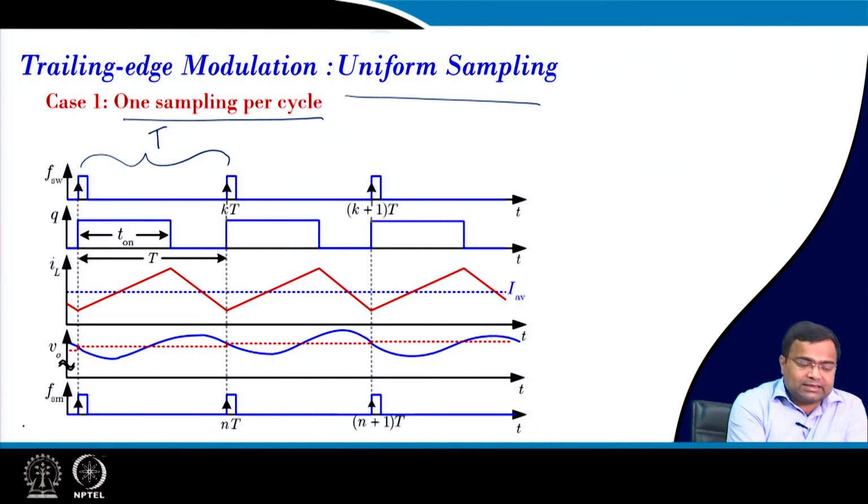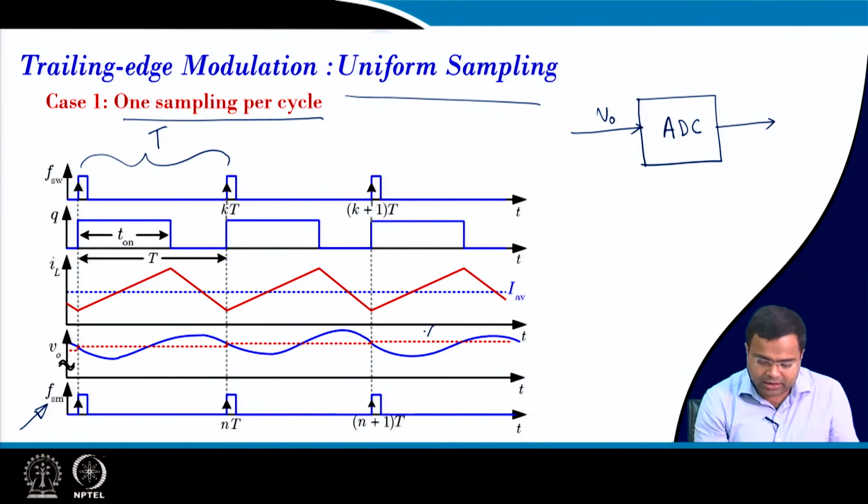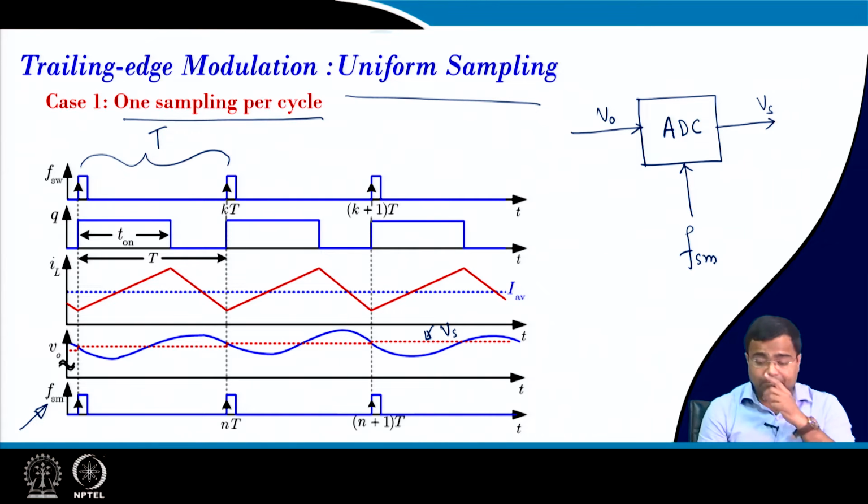You can see this is the sampling clock. That means, if we consider an A to D converter, ADC, this is my analog output voltage, and this red dotted one, let us say, is the sampled voltage. This ADC requires a clock, which is my sampling clock, SM.